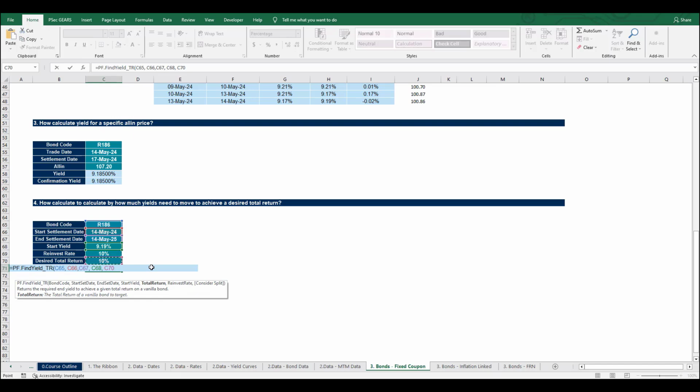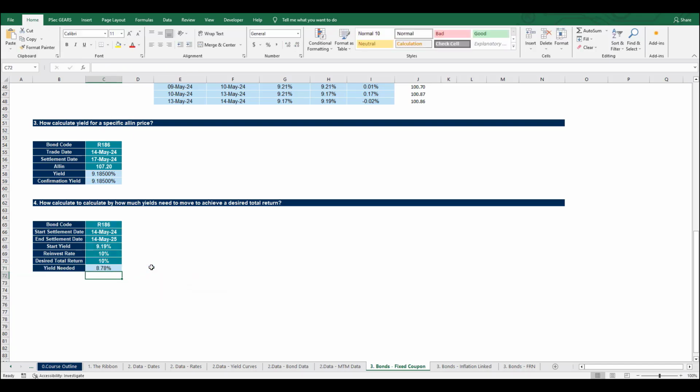So what yield do we need to achieve a 10% total return over the next year? And the reinvestment rate is going to be 10%. So whenever this bond pays a coupon, we're investing that coupon for 10% for the rest of the investment horizon. And so we need our yield to drop from 9.19 to 8.78 to achieve a desired total return of 10%.